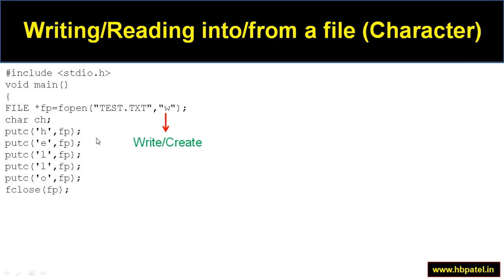Now what we are doing is using a function called putc, and all you need to do is provide a character and the file pointer. The file pointer fp is pointing to what? test.txt. So this H will be written in the file test.txt. E will be written in the file test.txt. L, L, O. So 5 characters will be written in test.txt. So hello will be written in test.txt, and then we close the file.